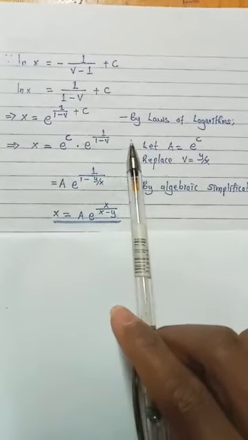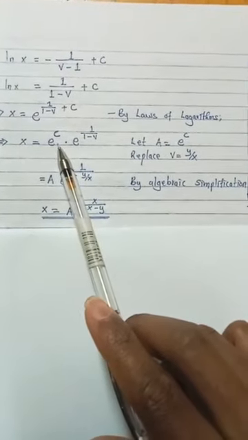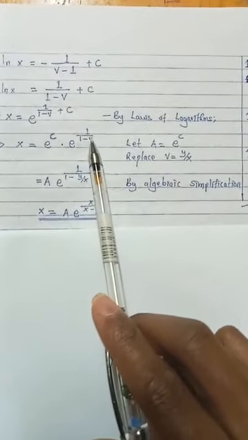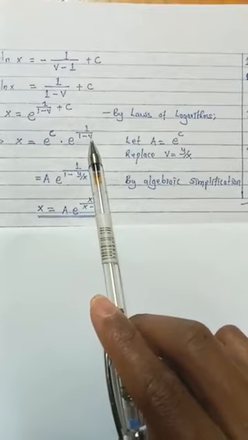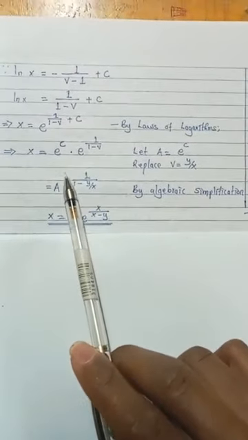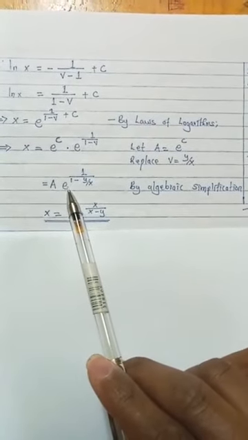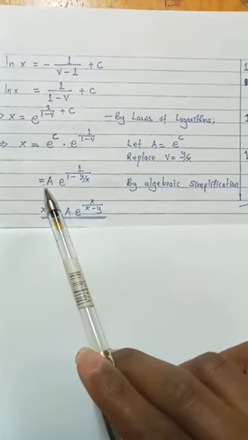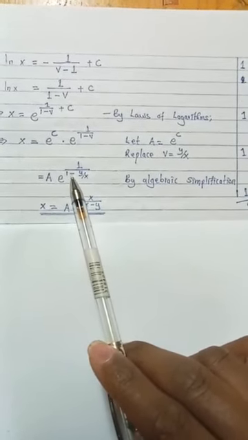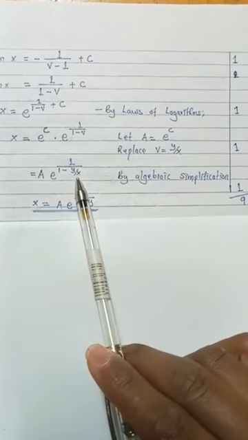Then if we let the exponential of c be a constant, say constant a, and replace v with y over x, that becomes x equals a exponential of 1 over 1 minus y over x.